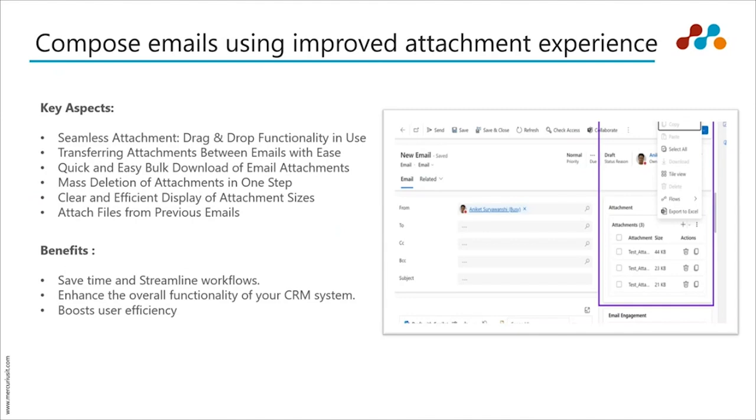Other than that, there are some other options like the multiple selection option, where the representative can easily select multiple attachments at a time and take an action like delete or download, rather than taking an action on a single attachment at a time.